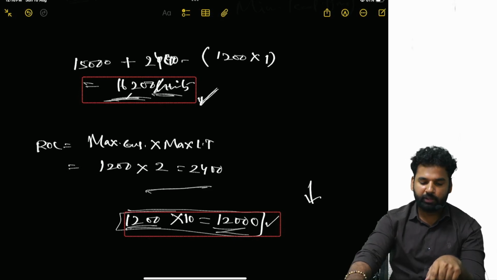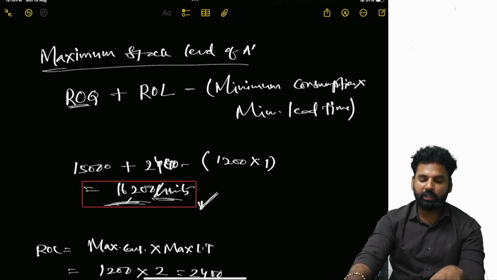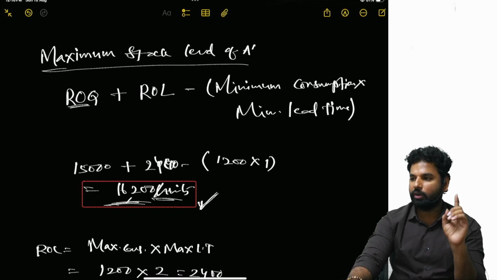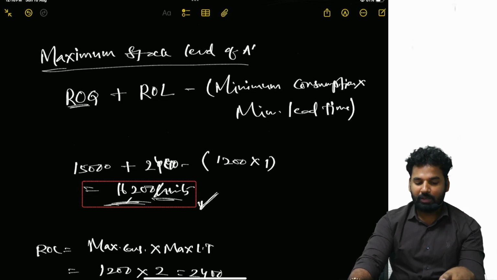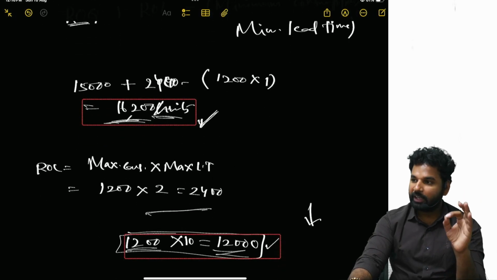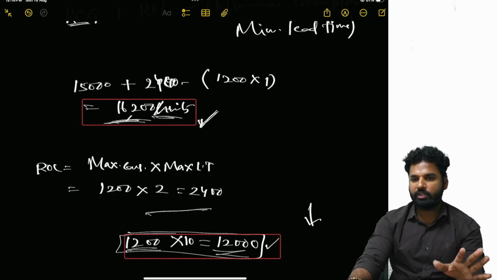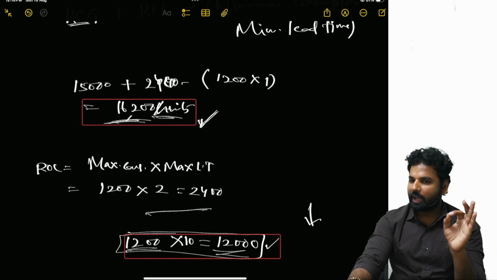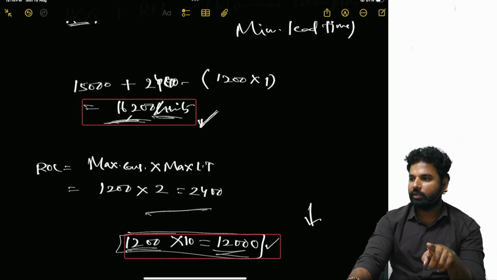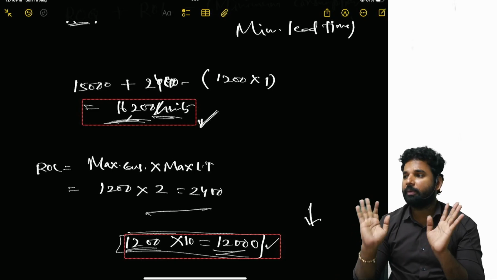I'll repeat again. See here, 16,200 is the formal calculation as per the formula. But here material A is perishable in nature, so it can last a maximum of 10 days. For each day we need 1200, so 10 days of stock can be maintained, that's all.